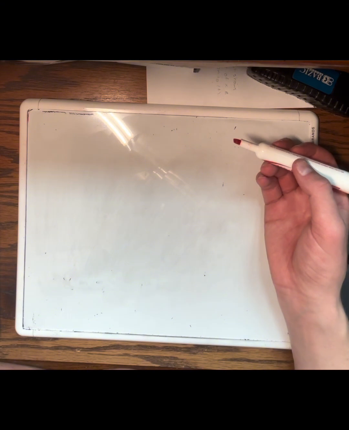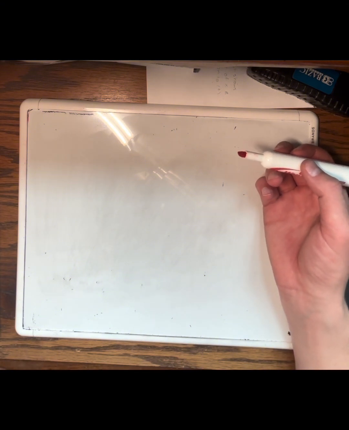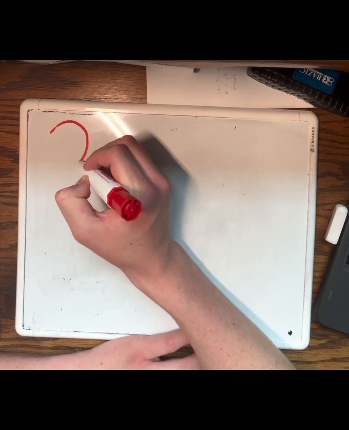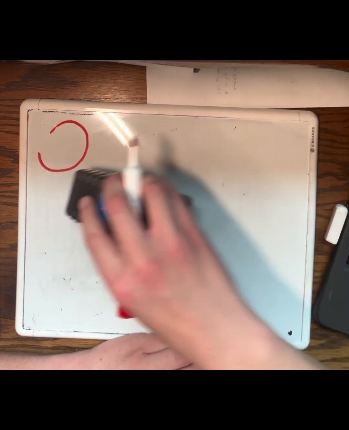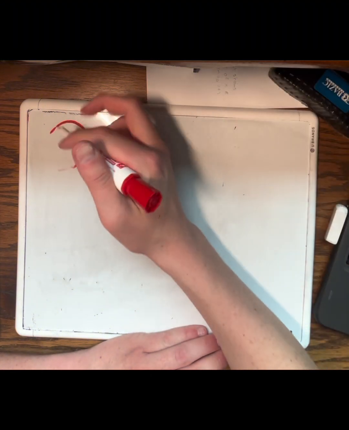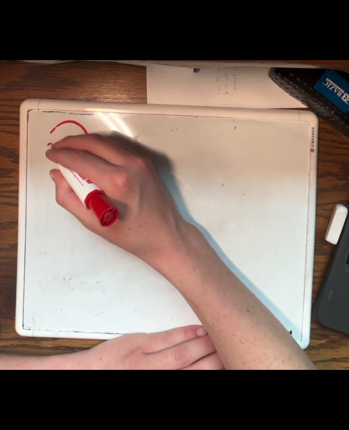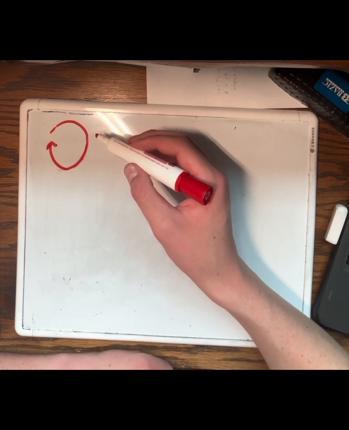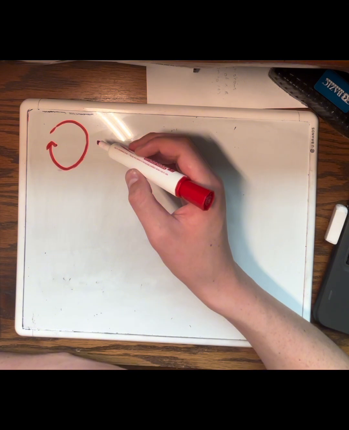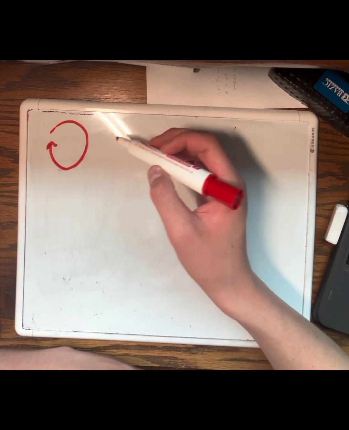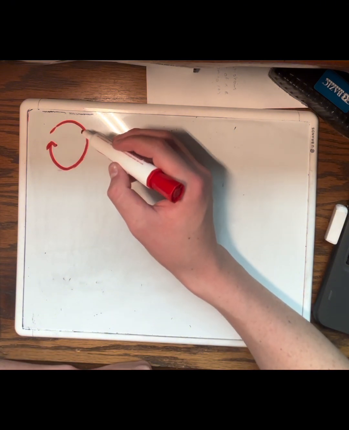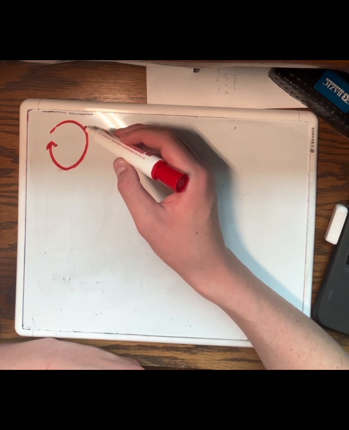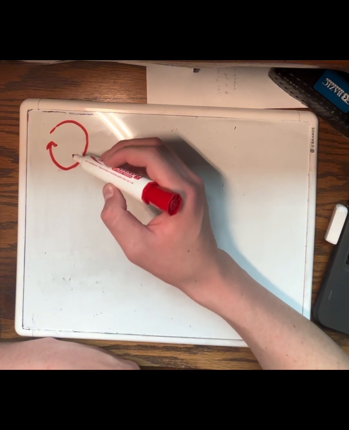So say you're animating something that's traveling in a circle, and I chose a circle just because it's easy to conceptualize. If we wanted to know after 20 seconds where the position of this thing is going to be, we can use a parametric equation.